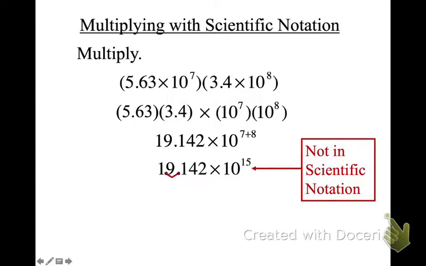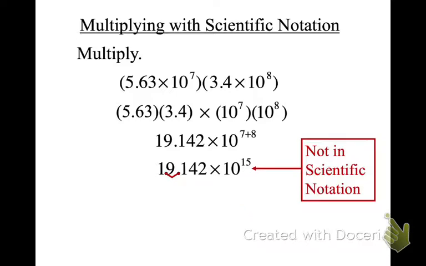Okay, so if this number gets smaller, then my exponent gets bigger. If this number gets bigger, then this gets smaller. You have to keep it in balance. So as one gets bigger, the other gets smaller.